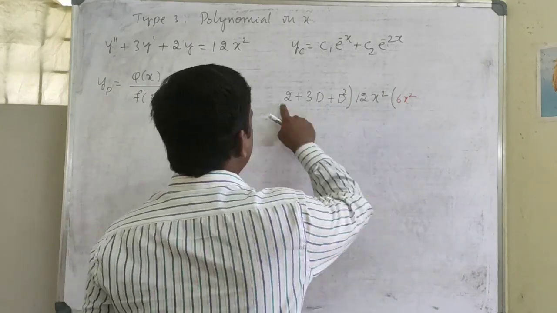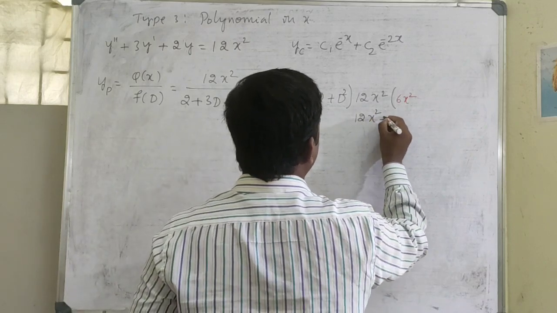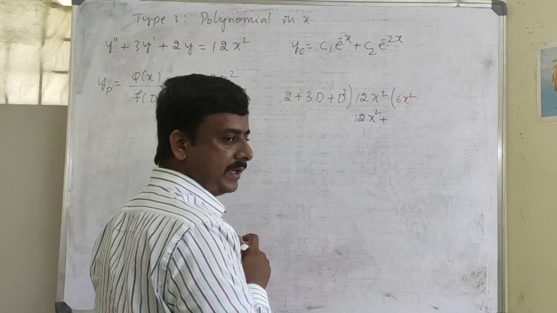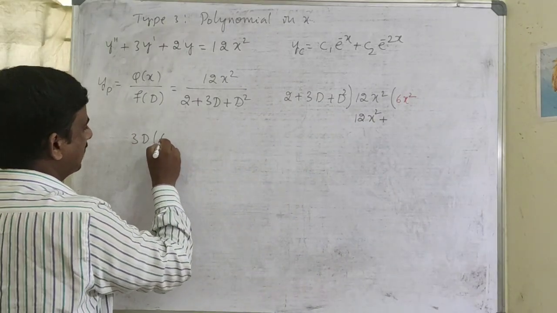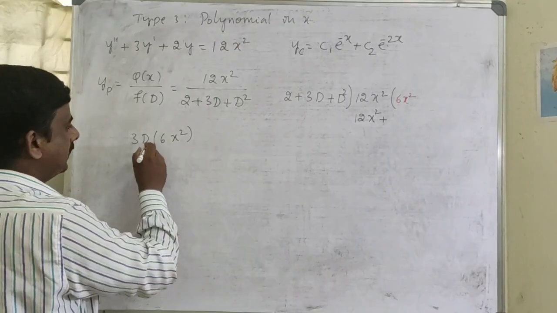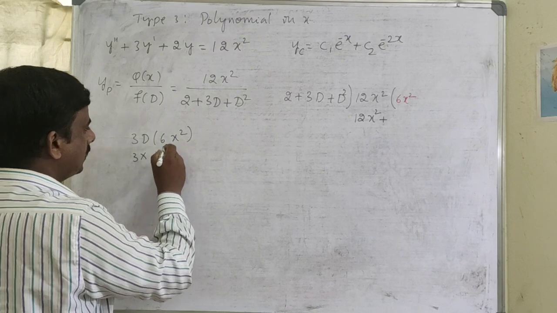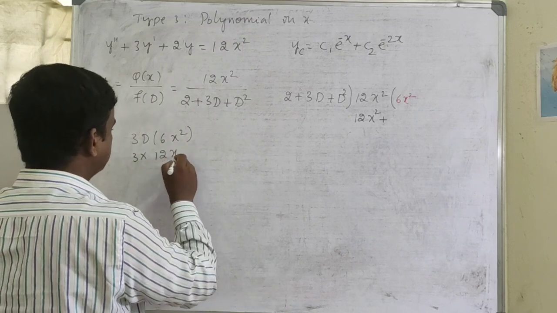So 6x square into 2, you get 12x square, plus 6x square into 3d, that is 3 into the derivative of 6x square. The derivative of 6x square is 12x.